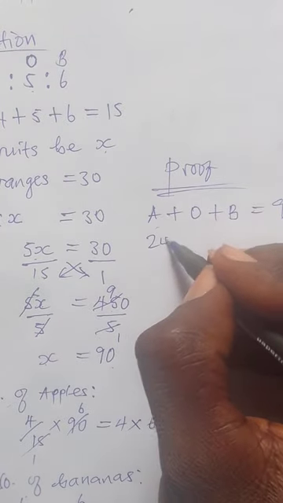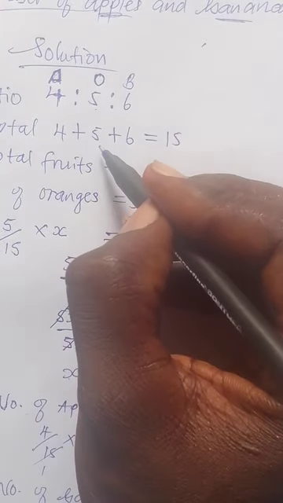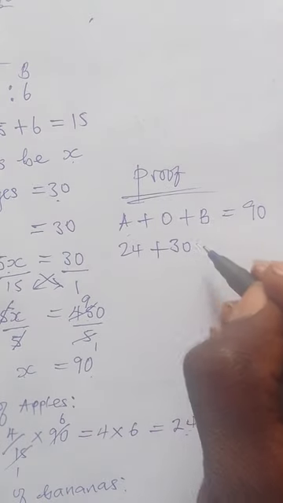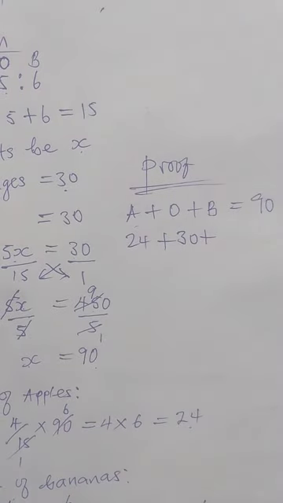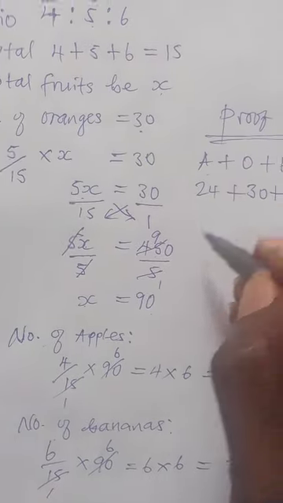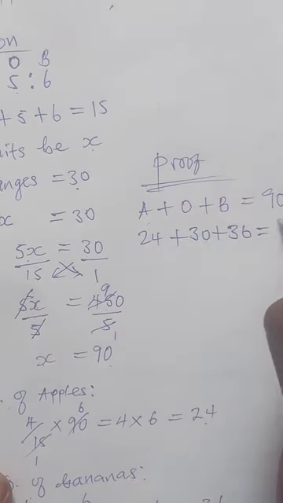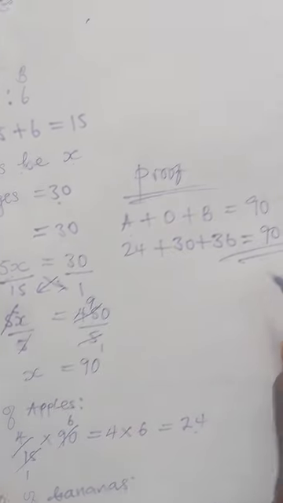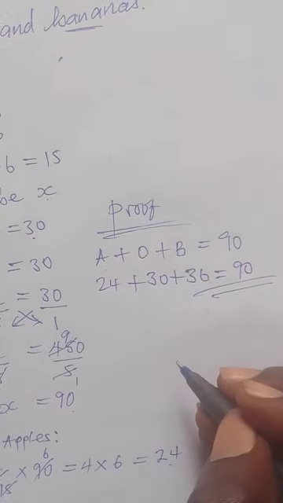So 24 plus oranges, number of oranges as given in the question is 30. So plus 30 and plus B, which is bananas. As we have worked for bananas here, the number of bananas is 36. So plus 36. If you add all this, you should be able to get 90. This is to validate our answer.